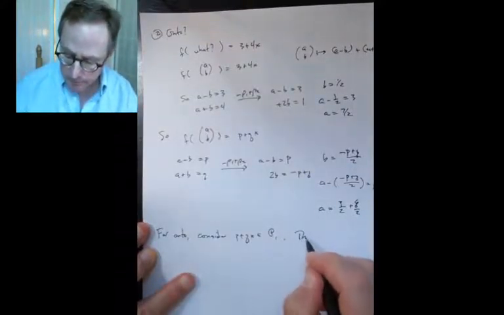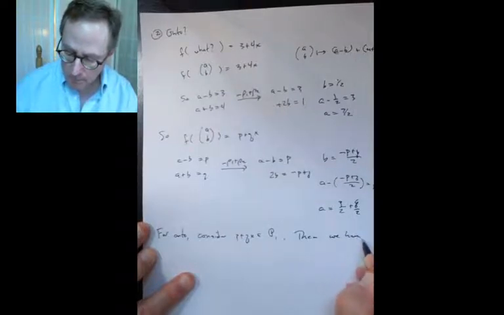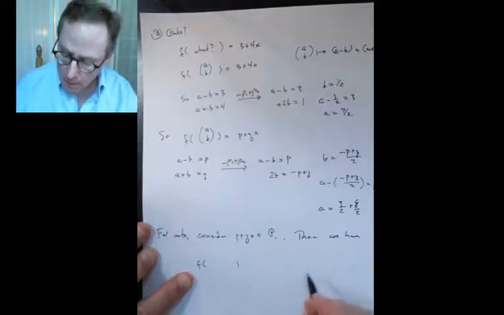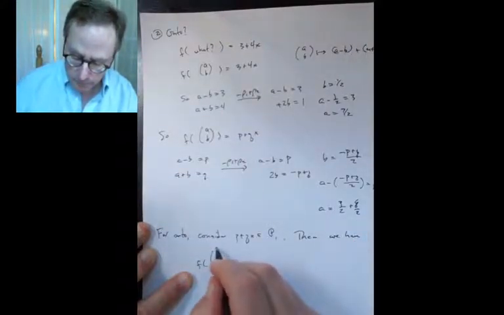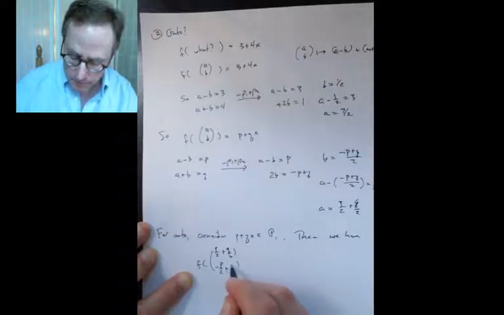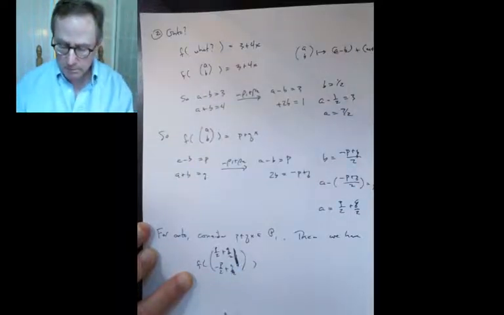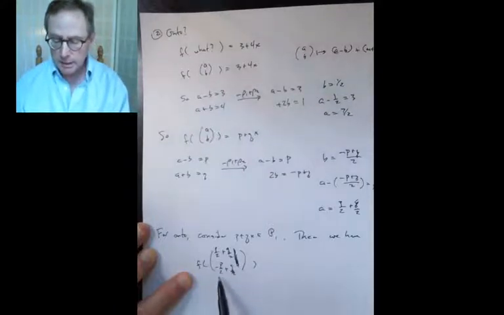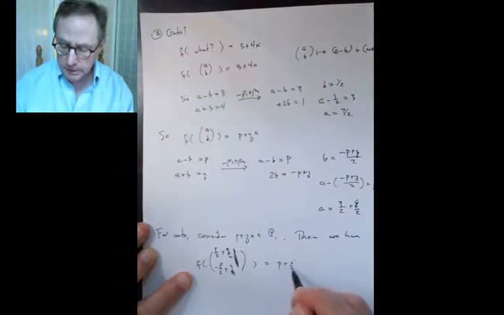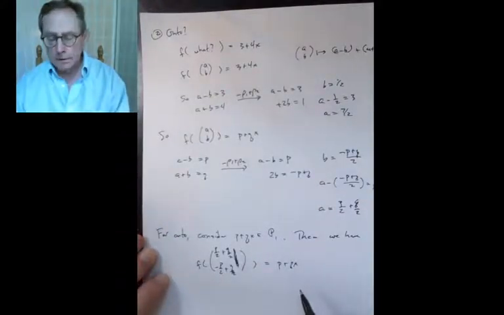Observe that we have that f of a is p over 2 plus q over 2, and b is minus p over 2 plus q over 2. I got the parentheses all wrong. There we go. So that's p over 2 plus q over 2 minus minus p over 2 plus positive q over 2 is equal to p plus qx. And that's easy to verify.